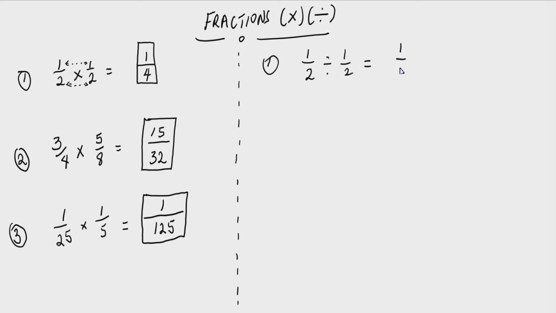So let's go ahead and write that. That's a half, and we're going to flip this. Let's do it simultaneously: you change the sign and you flip this. So that becomes multiplication, and this becomes 2 divided by 1.